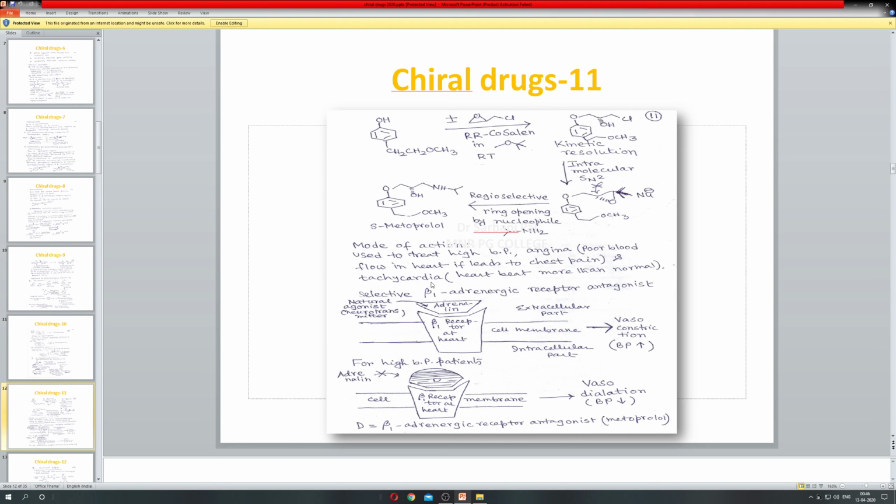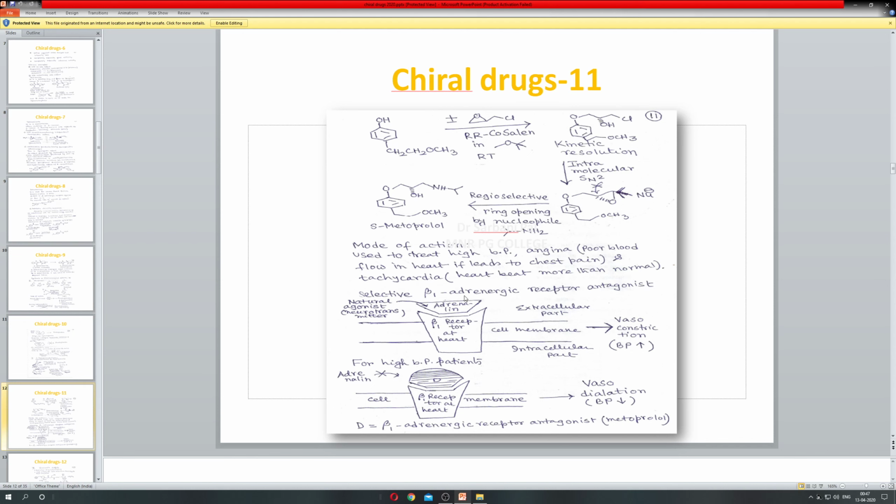Its opposite is bradycardia, when the heartbeat is less than normal. If such patients also have high BP, then the doctor usually gives this medicine, Metoprolol.